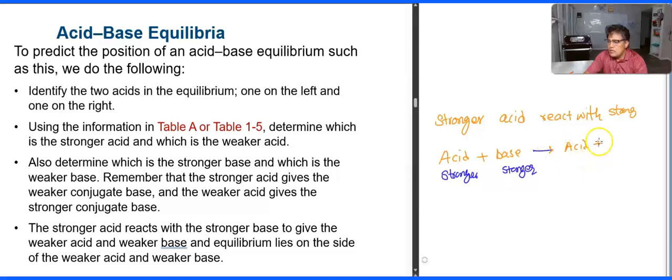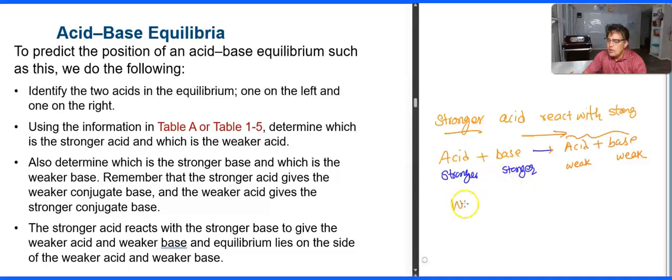Remember that if the acid is stronger and the base is stronger, then this gives an acid and base that are weak. In that scenario, the equilibrium lies on the side of the weaker ones, so the weaker side is the one where the equilibrium lies.